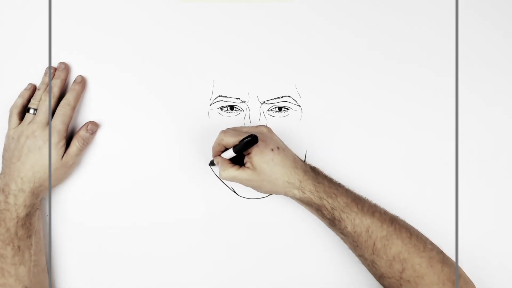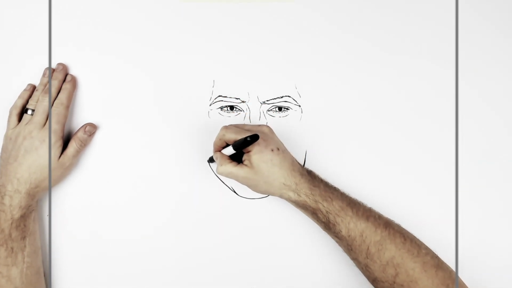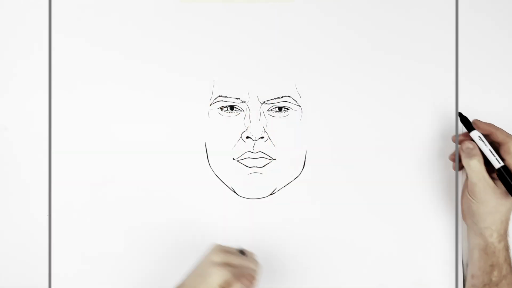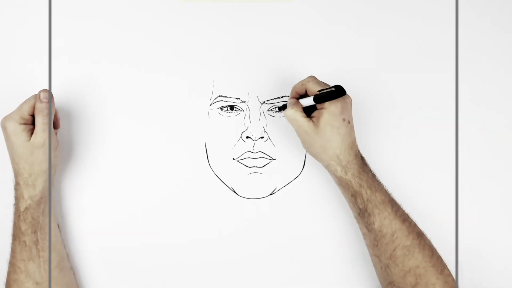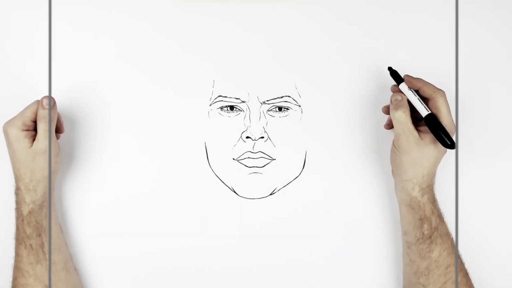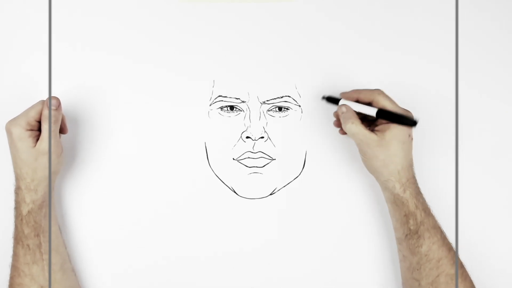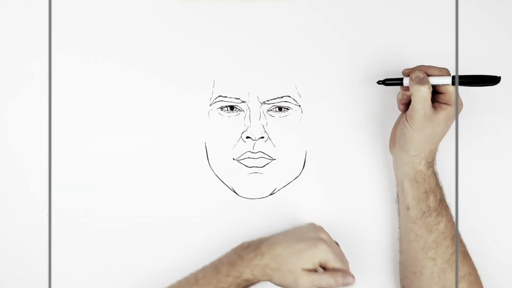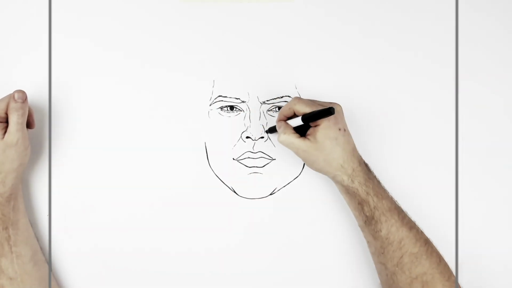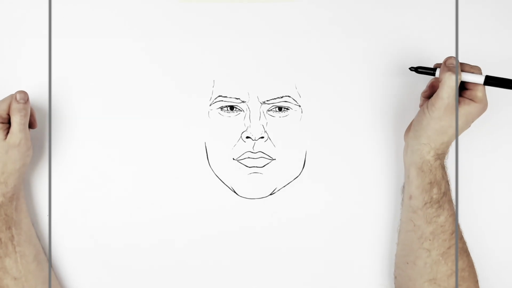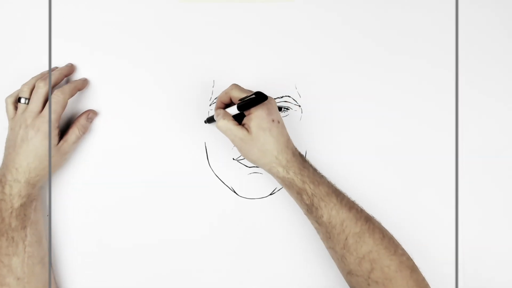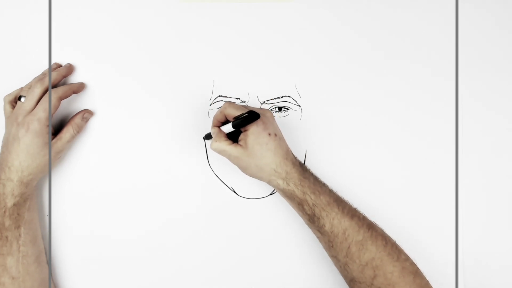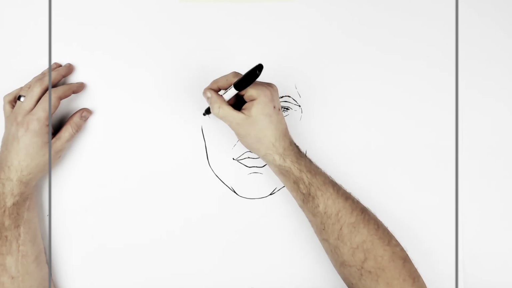It's very big, right? And then his cheekbones come out a bit, so they go dip in and then go out up to the sideburns.